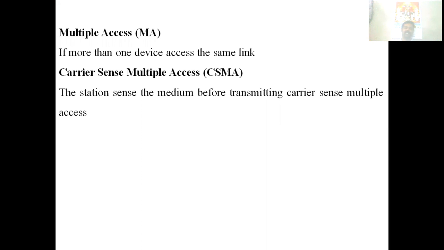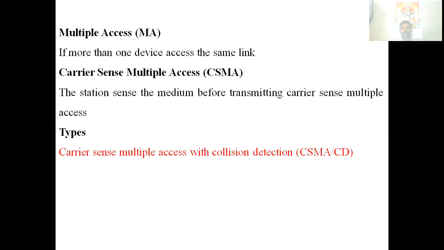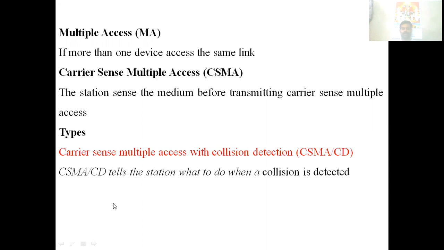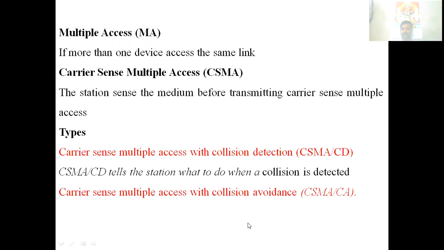A type of carrier sense multiple access is carrier sense multiple access with collision detection, which detects that a collision has occurred. Next, carrier sense multiple access with collision avoidance, in which the collision is avoided.